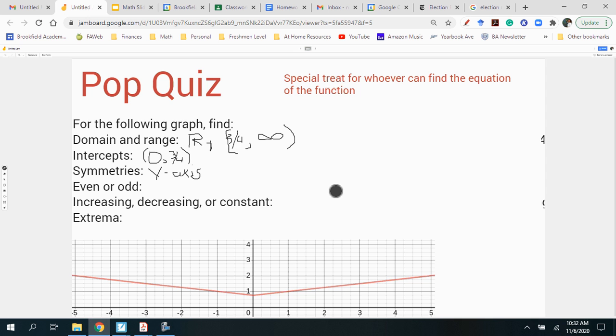Yep. And if you can figure out the function, I'll give you the rest of these. Any guesses? Absolute value of x plus 0.1. Absolute value of x plus 0.75. Like the 0.75 is not inside the absolute value. Ryan? Absolute value of x plus 0.75 divided by like 3.